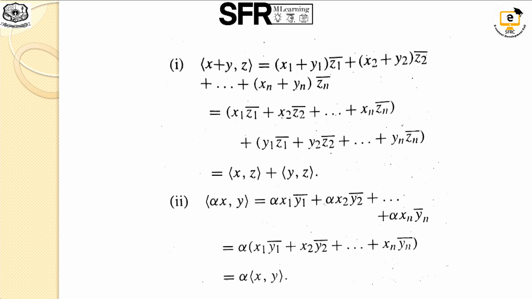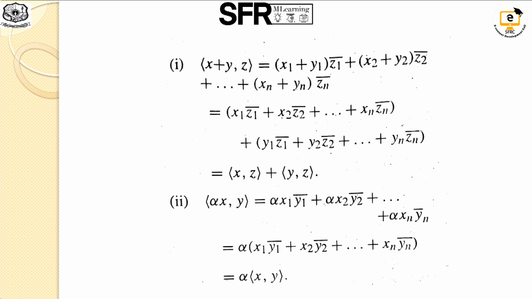First, inner product of x plus y comma z equals, by the definition we have written, and then by scalar multiplication we multiply each term with the conjugate of zi. Finally we get inner product of x comma z plus inner product of y comma z. Similarly, the second axiom is also verified: inner product of alpha x comma y equals alpha times the definition, and since alpha is in every term, we can take it outside.